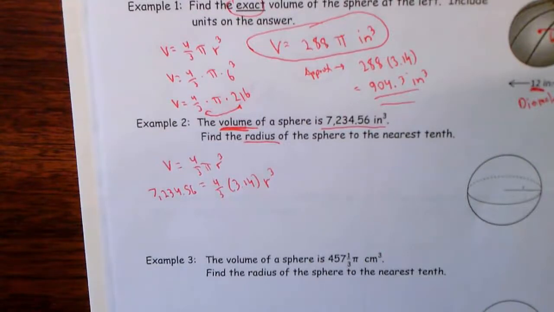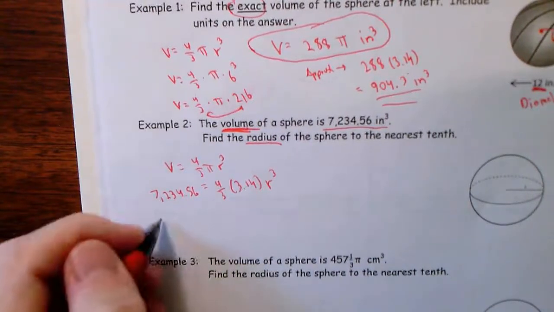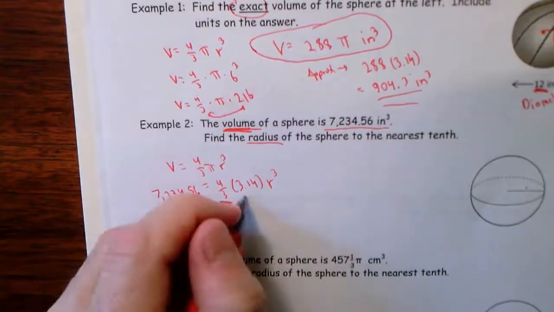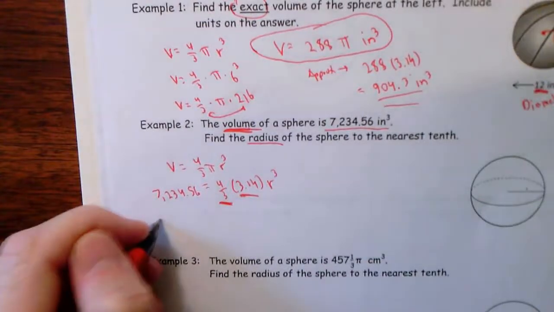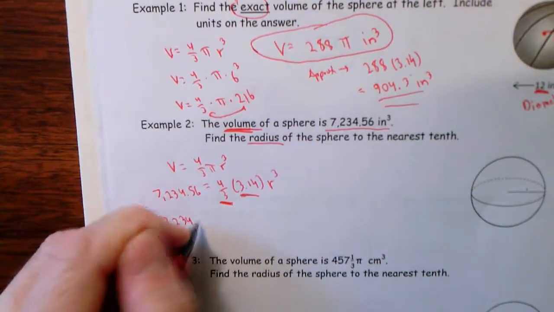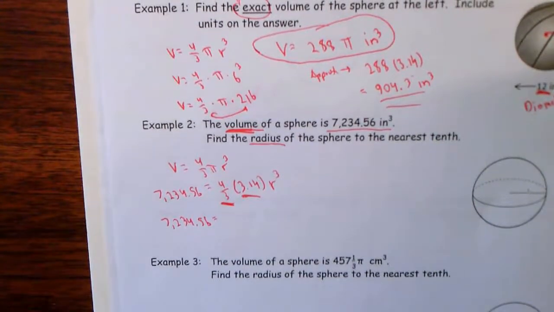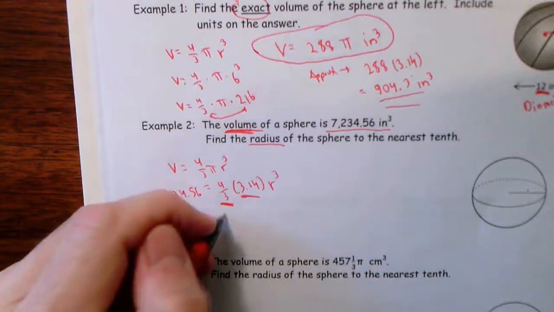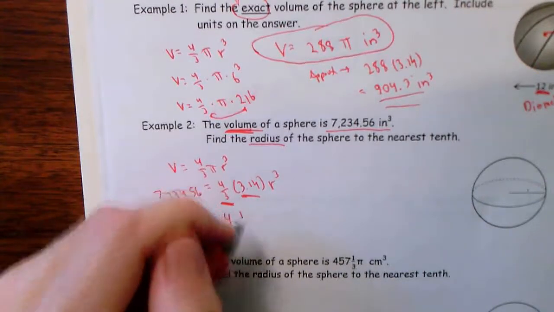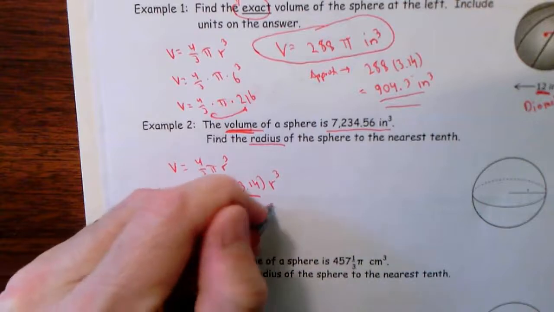To solve this now, I have two choices, but in my opinion, the best choice is to go ahead and multiply the 4/3 and the pi together. So we get 7,234.56 equals, and when I multiply 4/3 times 3.14, I get 4.186 repeating r cubed.